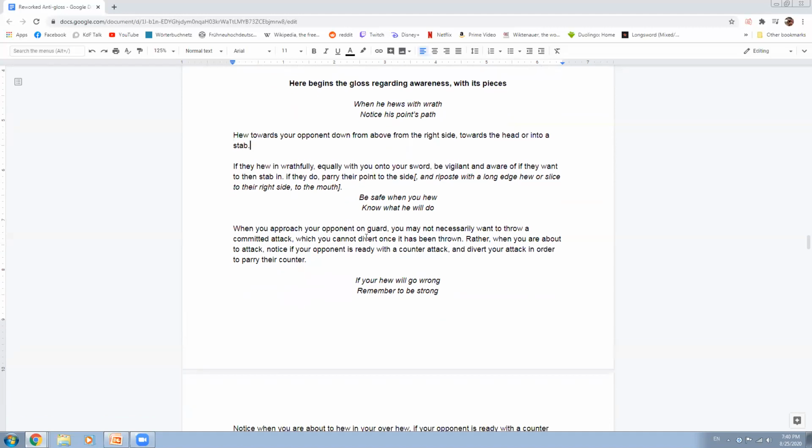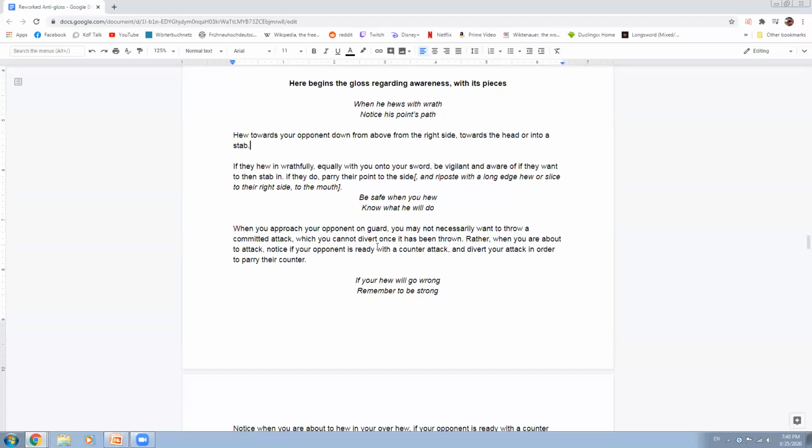When you approach your opponent on guard, you may not necessarily want to throw a committed attack, which you cannot divert once it's been thrown. Rather, when you're about to attack, notice if the opponent is ready with a counterattack, and divert your attack in order to parry their counter, which is what I just was talking about.